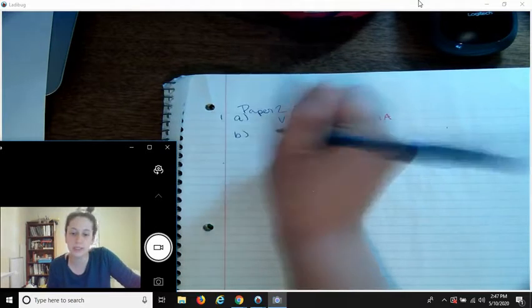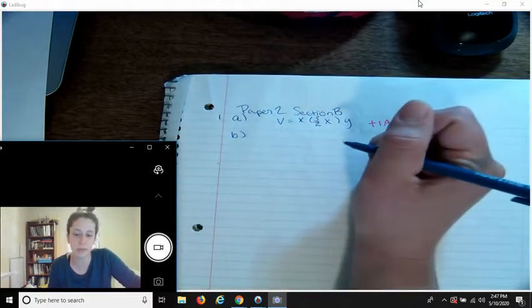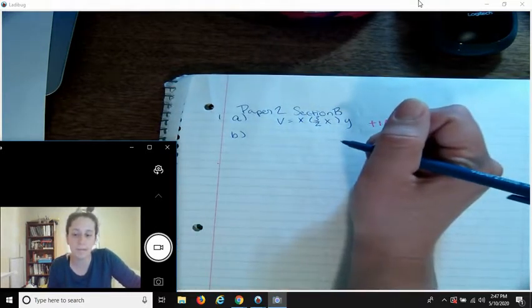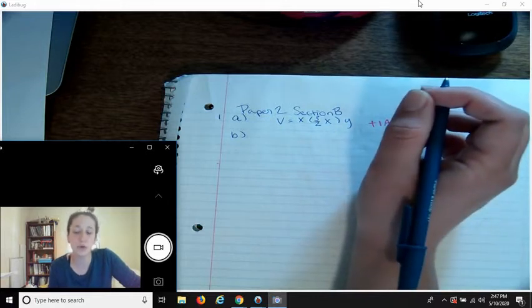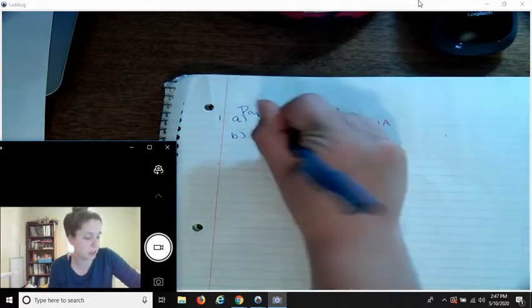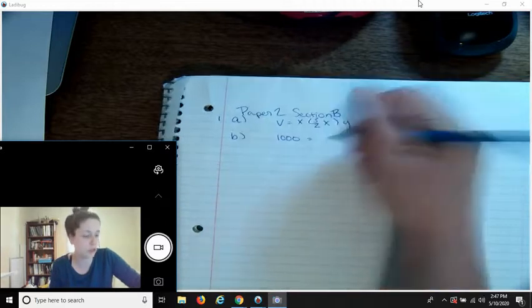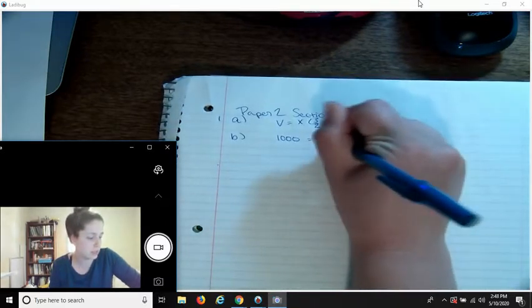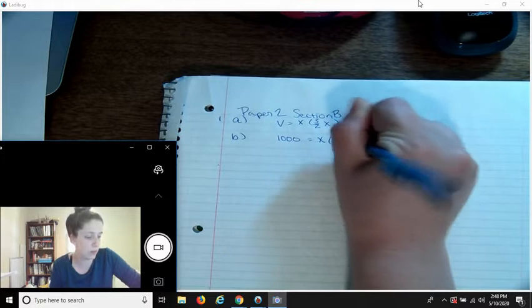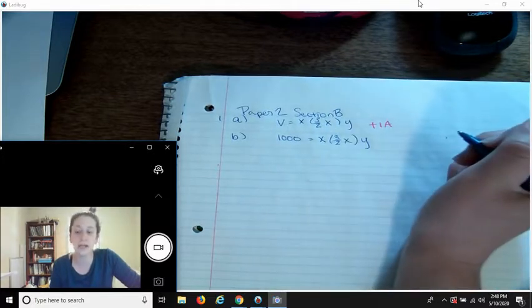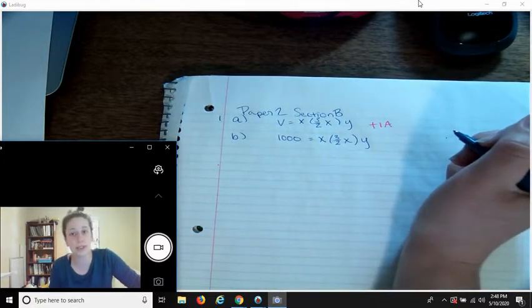Part B says, oh, sorry, then it says the total volume of the box is 1,000 centimeters cubed. So 1,000 should be equal to my x times 3/2 x times y. Then it says find an expression for y in terms of x.